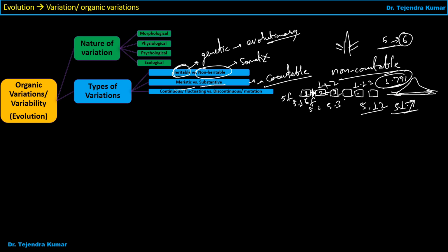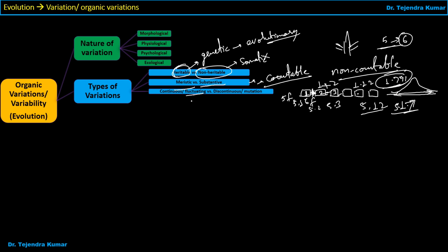So continuous variations are seen in form of height, weight, color of any individual. Actually, continuous variations are fluctuating, that's why I told you that in-between or middle values can be seen in this case.